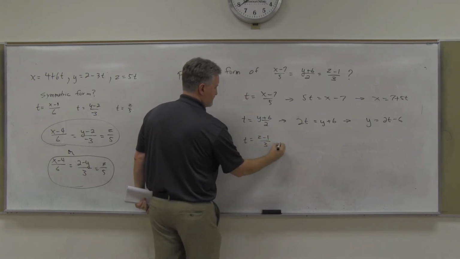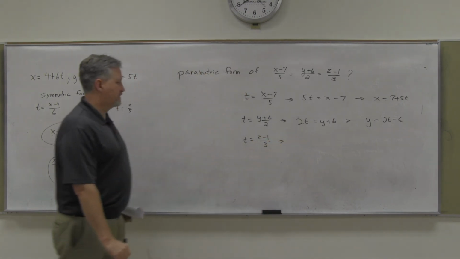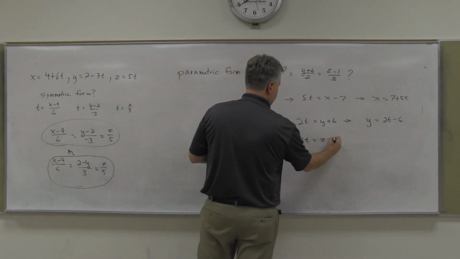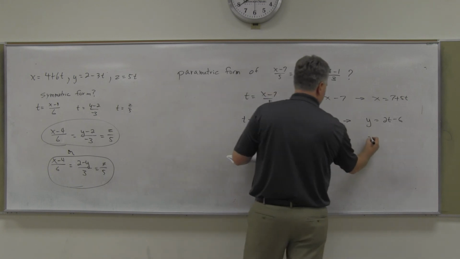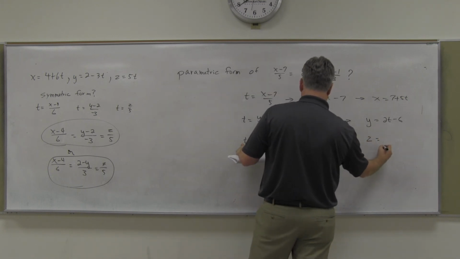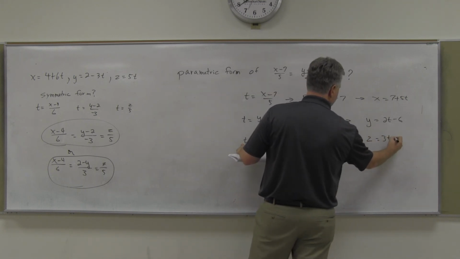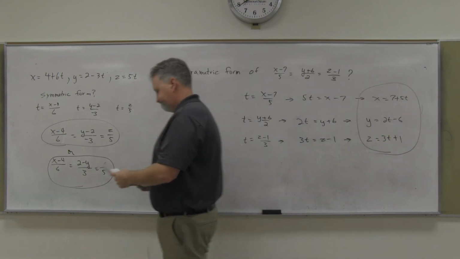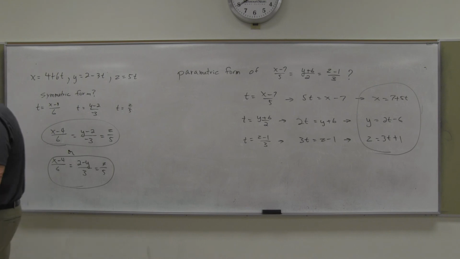And last but not least, t equals z minus 1 over 3, so that would be 3t equals z minus 1, which would be z equals 3t plus 1. That would be the parametric form of that line right there.